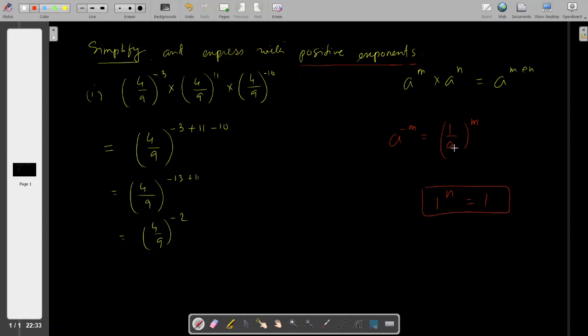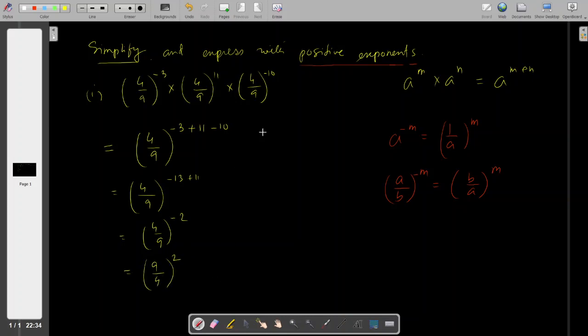So here this will become a reciprocal: a by b to the power minus m will be equal to b by a to the power positive m. If I want to change it to positive, this will become a reciprocal. The numerator will go to the denominator and the denominator will come to the numerator. So your final answer is 9 by 4 to the power 2.